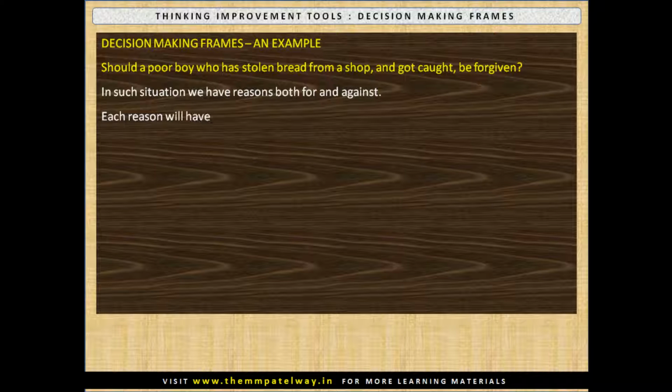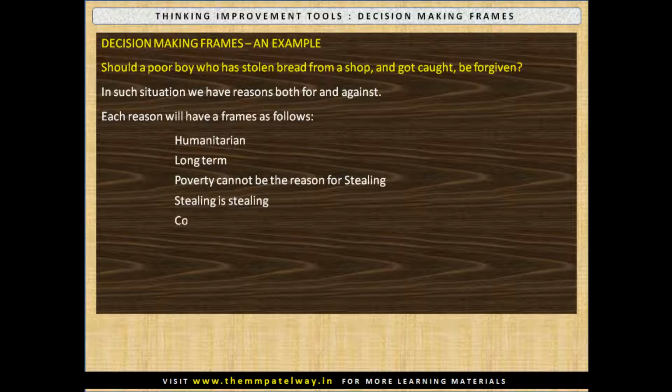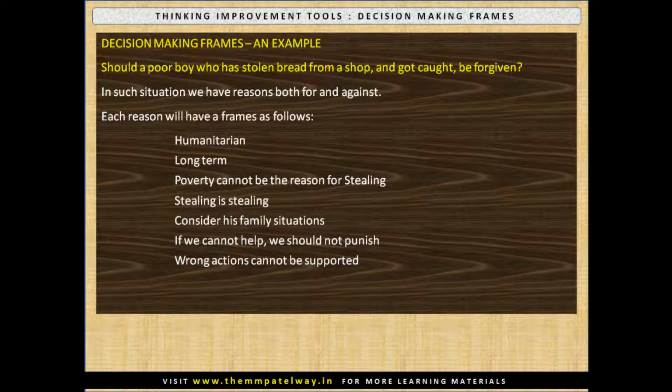Each reason will have a frame as follows: humanitarian frame, long-term frame, poverty cannot be the reason for stealing frame, stealing in any case is stealing frame, considering his family situation frame, if he cannot help we should not punish frame, wrong action cannot be supported frame, stealing is in their blood frame, and so on. We will have many frames which can be used in this situation. In the same way, we will have frames in any business situations.